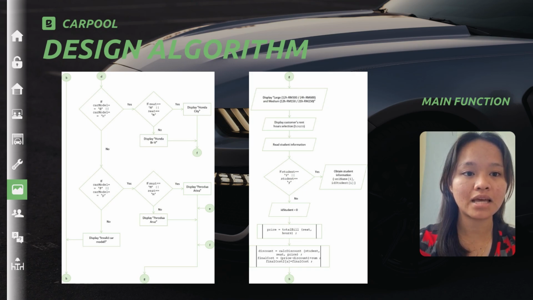If seat is M, the system will display Perodua Ativa. Otherwise, the system will display Perodua Aruz. If the customer selects a car model that is not T, H, P, the system will display invalid car model.